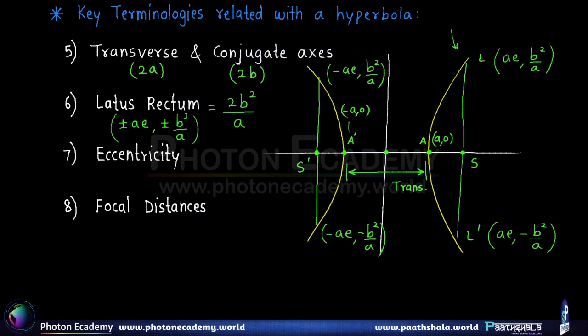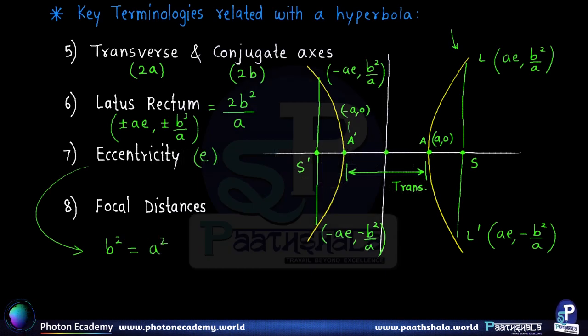Alright, then eccentricity, that is e. For this, if you remember, during the derivation we had replaced a square into e square minus 1 as b square. So if we simplify this, we'll get b square upon a square is equal to e square minus 1.